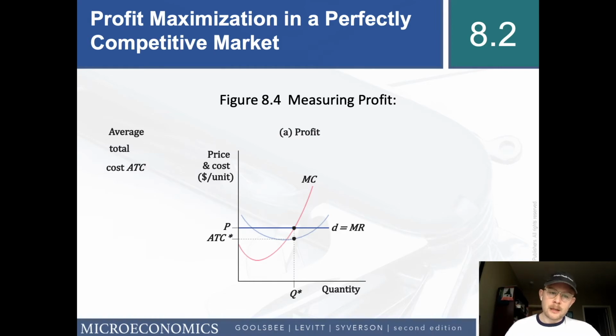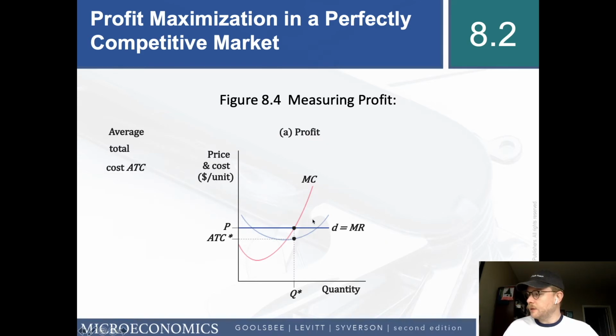Right? In the previous chapter, we talked about how the average total cost curve and the marginal cost curve intersect at this point right here. The marginal cost curve goes through the minimum of the average total cost curve, and that's where the firm is minimizing costs.